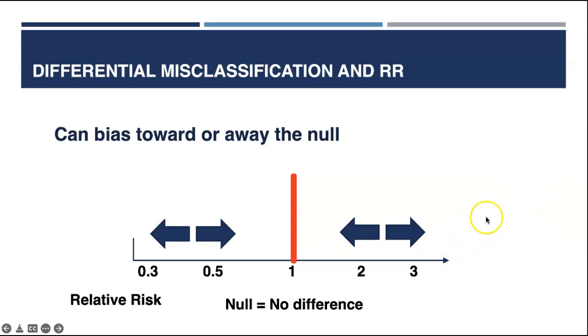That's overestimating the association between my variables of interest. Again, we really don't always know which way this is going to happen, but that's the thing with differential misclassification: it can bias your results in a way that is unpredictable, compared to non-differential misclassification, which is a little more predictable.